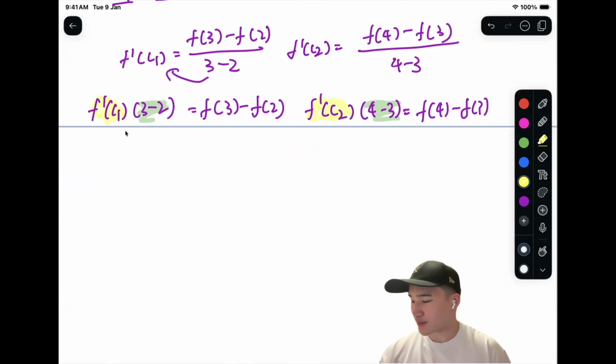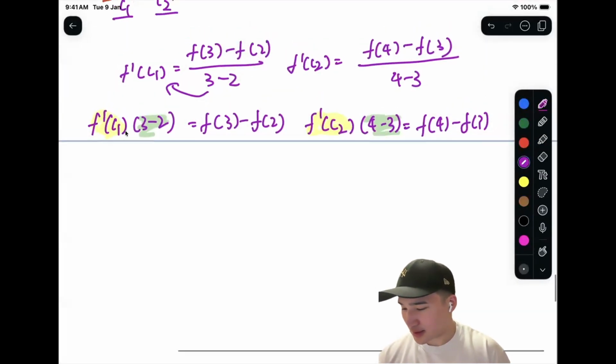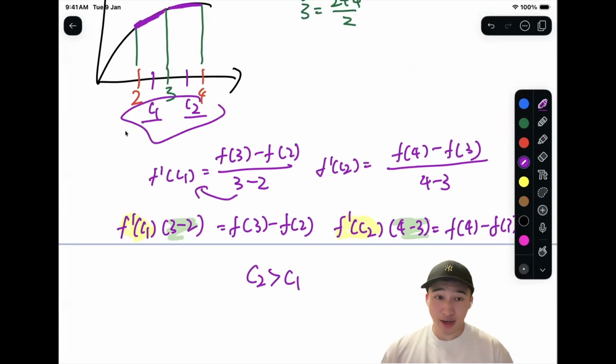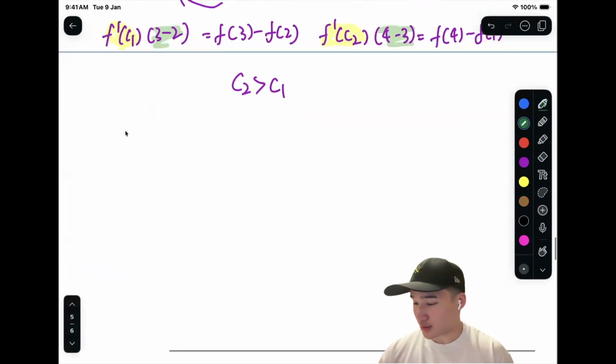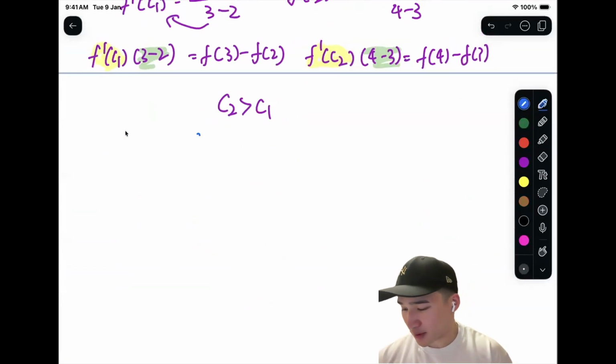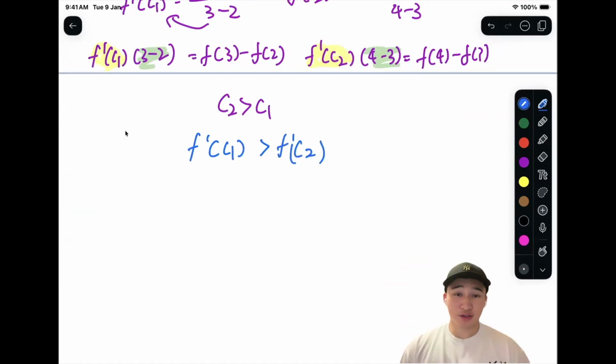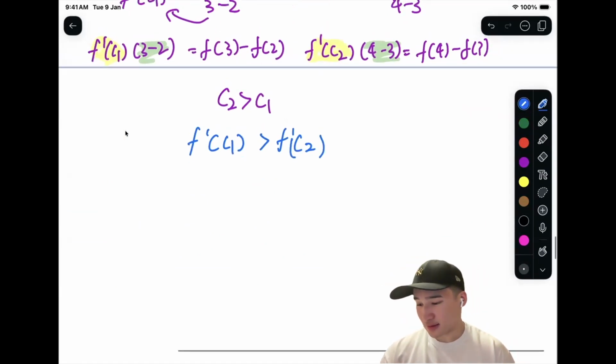C2 is greater than C1, obviously. Because it's a concave down function, the slope at C1 is greater than the slope at C2. So F prime C1 is greater than F prime C2.